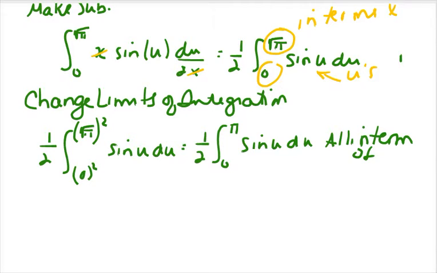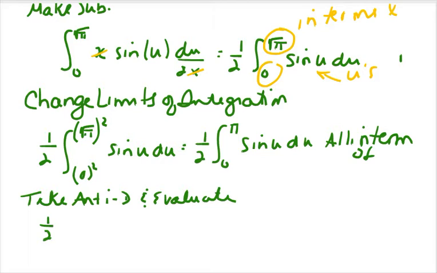So take the antiderivative and evaluate it. So this becomes 1/2 bracket minus cosine of u evaluated between 0 and pi.